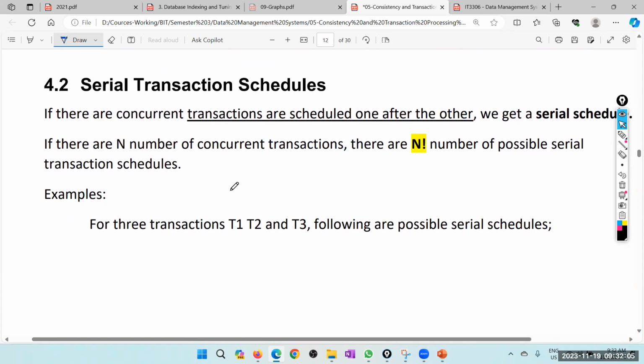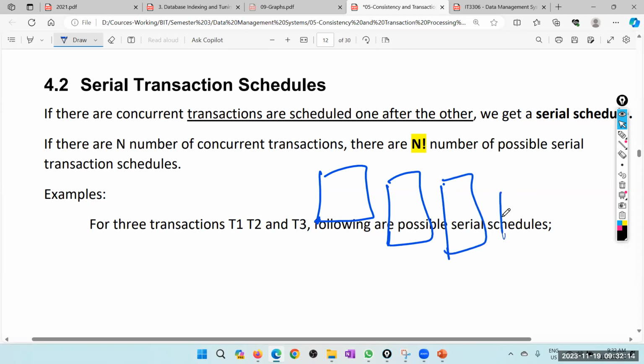It is super easy when you have a set of concurrent transactions, meaning they are overlapping. What we do in a serial transaction schedule is we finish the first transaction, then do the second transaction. After the second transaction is finished, only then do we do the third transaction. After the third transaction is done, only then do we do the fourth, and so on.